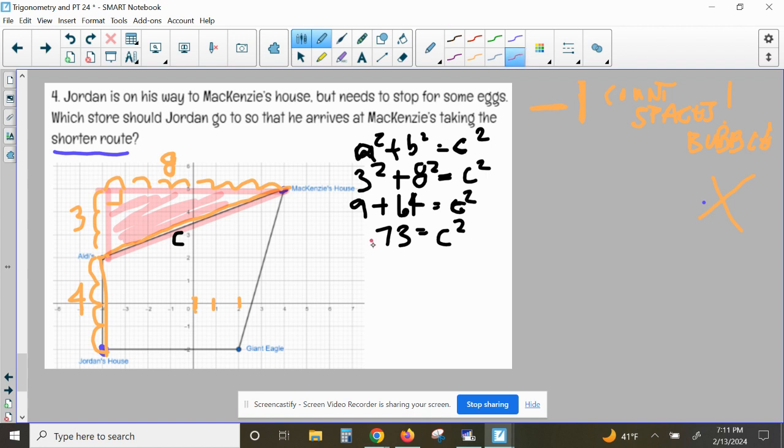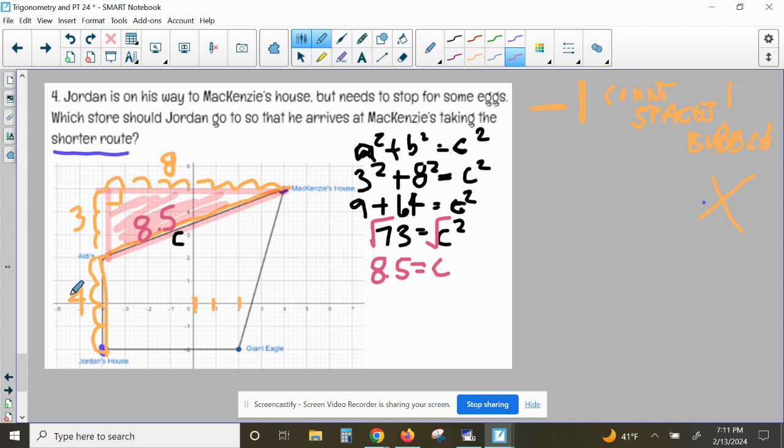I'm going to have to square root both sides, and I get approximately 8.5 for C. So this side is approximately 8.5.